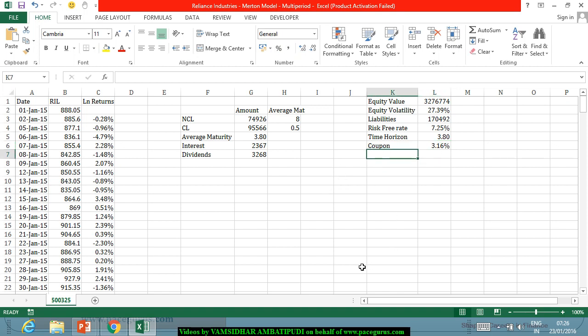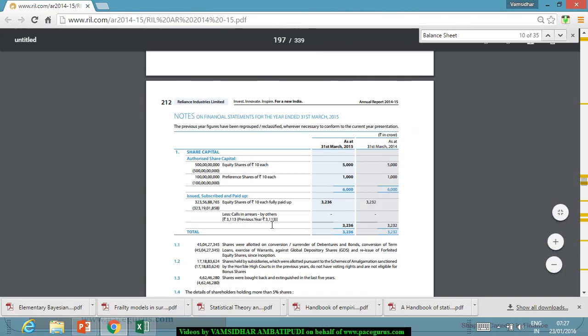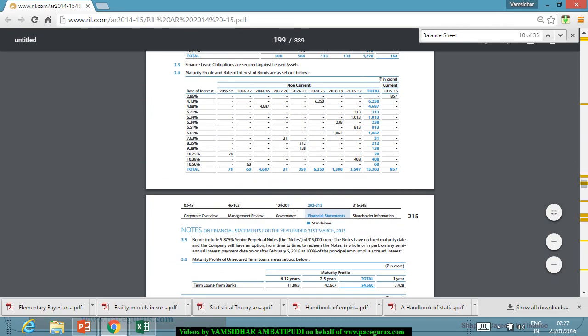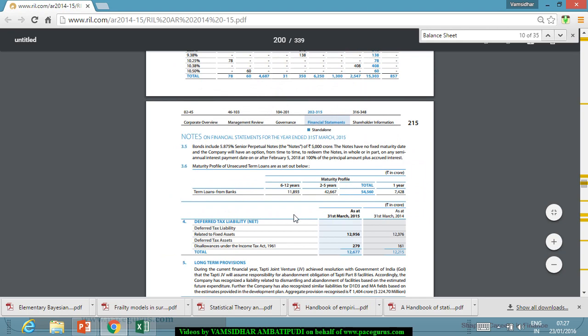And I could also see that the dividend issued during the period is around 3268. So this is the dividend. Now I can assume the dividend growth rate. Let's see how the dividends have been growing year over year. That should be a better way to understand.